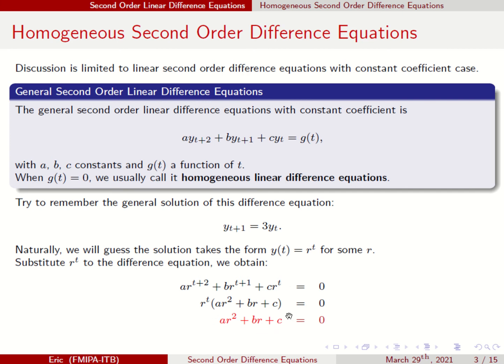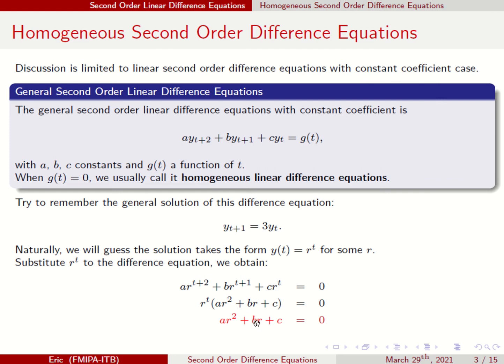Don't forget, when solving a quadratic equation, we can have at most three cases: the discriminant is greater than 0, equal to 0, or less than 0. When the discriminant is greater than 0, I have two different real solutions. If the discriminant is 0, I have only one real solution.